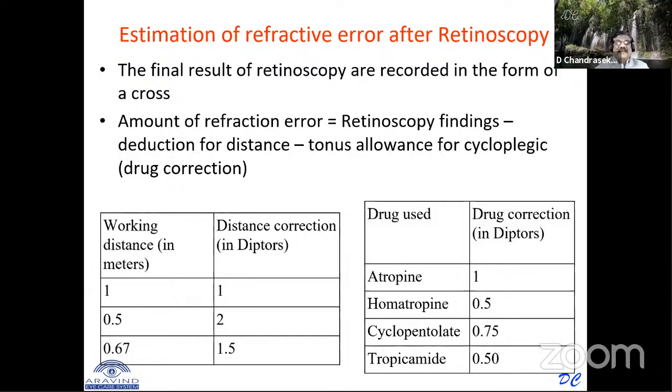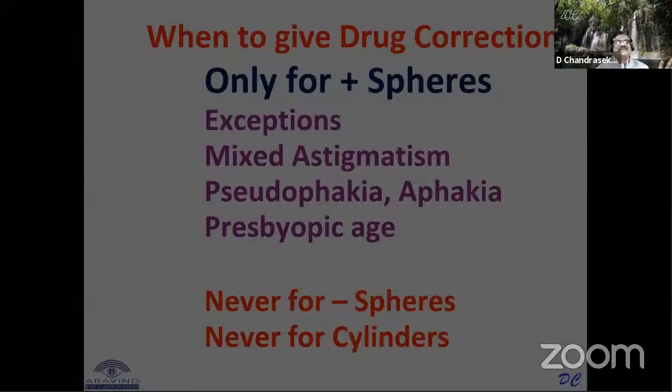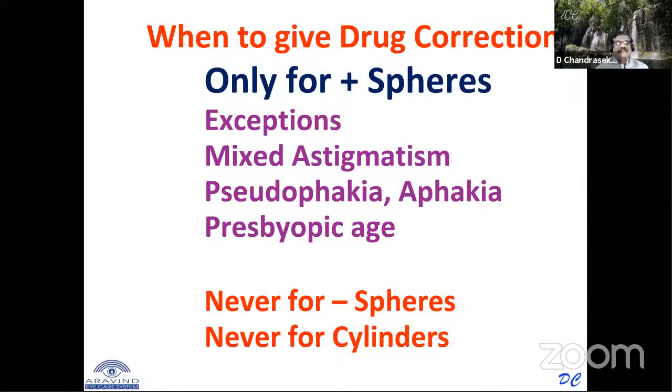Some people say there is no need for drug correction for tropicamide, but we do say there will be some amount, because it is not a total non-cycloplegic. It has about 0.5 to 0.75. So you need to understand that when you do a tropicamide refraction. Now, when do we give drug corrections? Remember, the first and most important rule is that only for plus spherical powers will you give a drug correction.